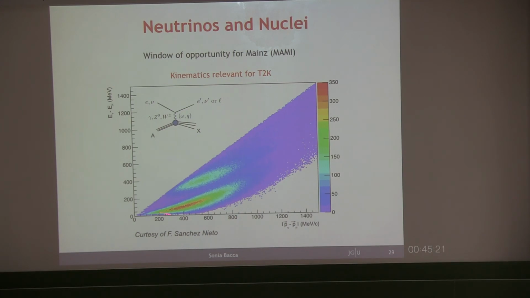And you see that where it is red is where it is more important. This is a regime around 400 MeV of momentum transfer and 100 MeV of energy transfer, which is exactly the place where MAMI could measure data and where potentially our ab initio theory would work.